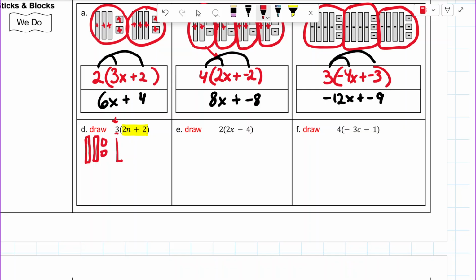So another stick, 2 units. And finally, okay, it looks like we have 6 units and 6 sticks. Let's find out if we do the distributive property if that's what we get. 3 times 2n is 6n, and 3 times 2 is 6, and that is true.